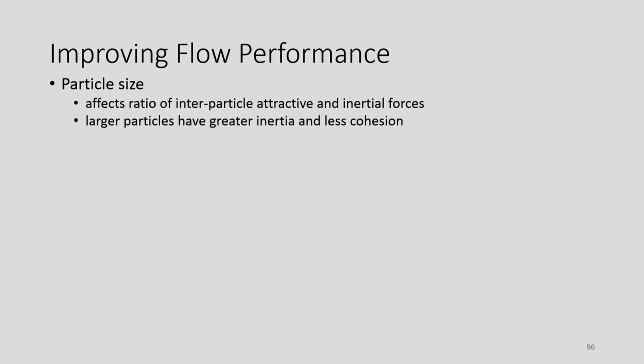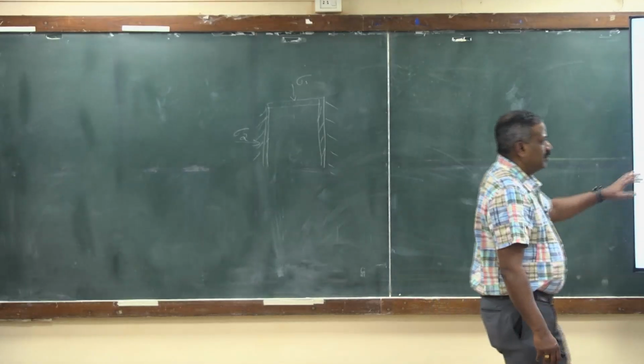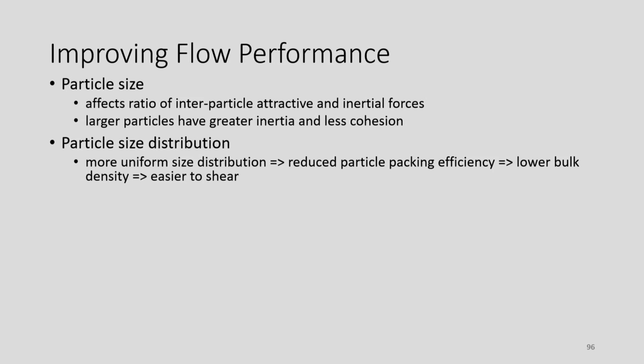With small powders, it'll be very difficult to make them flow through those small conveying systems. What you have to do is agglomerate them to a larger size, and then you can make them into other useful products. Okay. Particle size distribution: a more uniform size distribution will have better flow behavior.